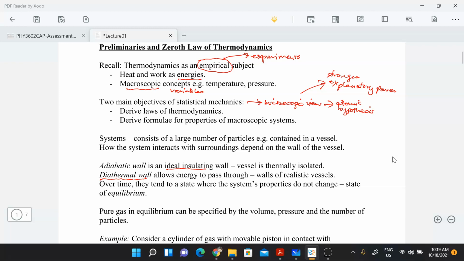So equilibrium is the state of the system for which the properties do not change. We'll talk about this a little bit more later. When the properties do not change after some time, then we say that the system is in a state of equilibrium.